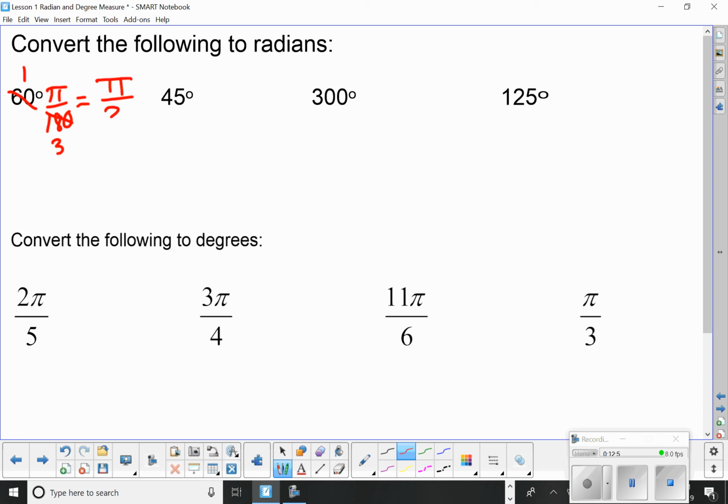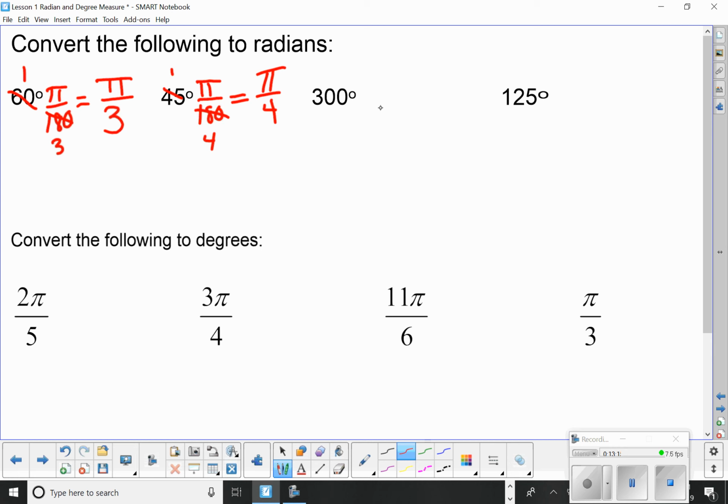This is pi over 3 radians. 45 degrees. Multiply it by pi over 180. Simplify this. 45 goes into 180 4 times. 45 degrees is pi over 4 radians.